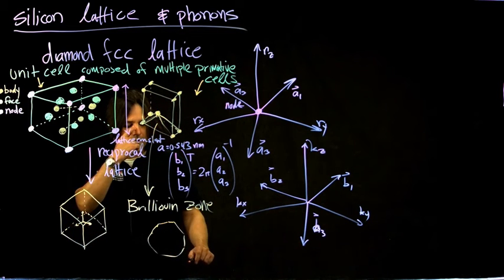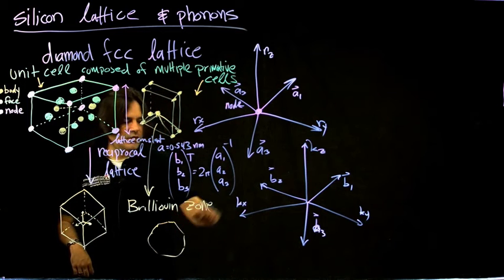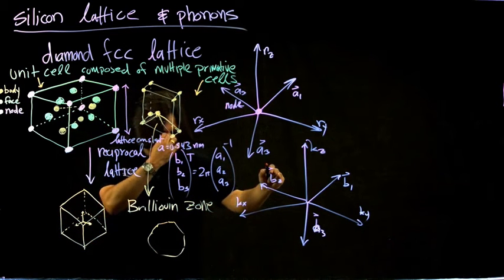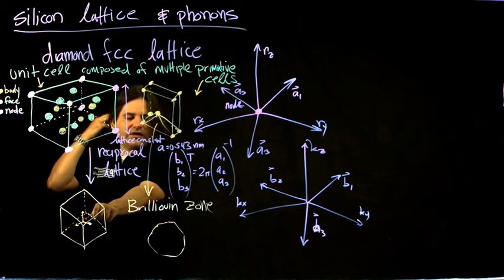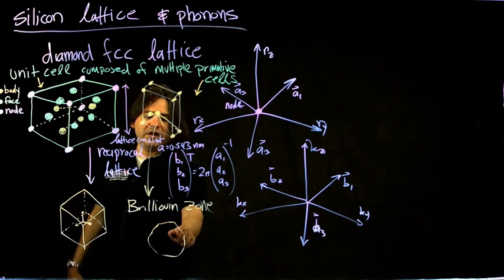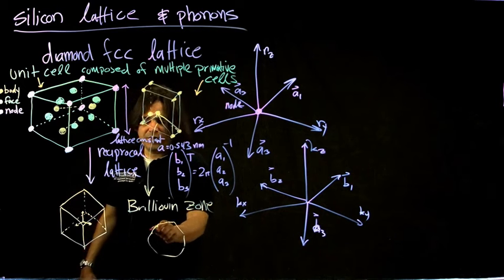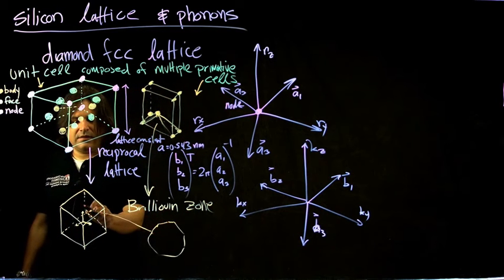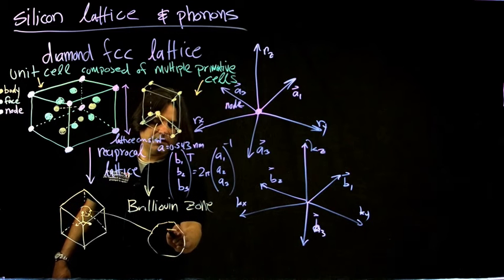And what we're going to do is, now that we define these vectors, it has to do with these same vectors. And this is at a node. The backbone of this will be here. The Brillouin zone looks something like this.